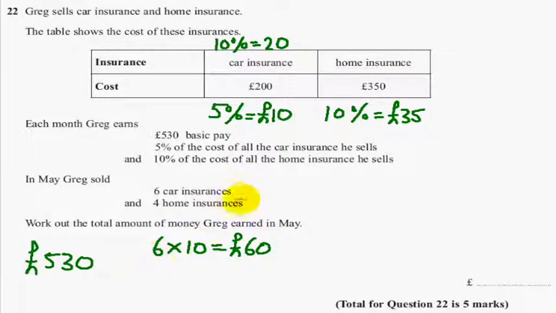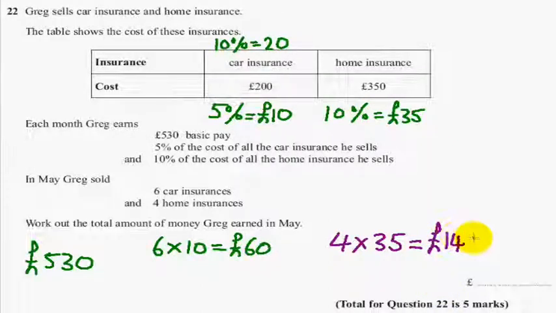And for home insurances, he sold 4 of those, so that's 4 times 35, which is £140. If you're not able to do that in your head, you need a method for multiplication.